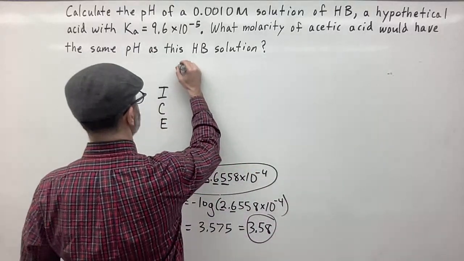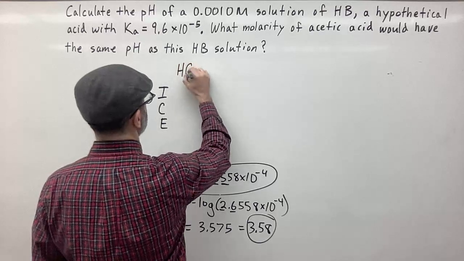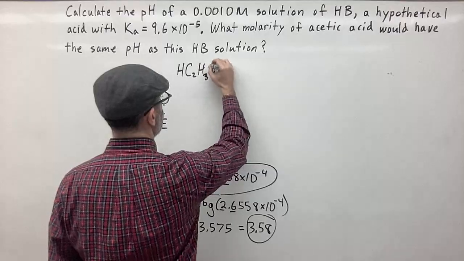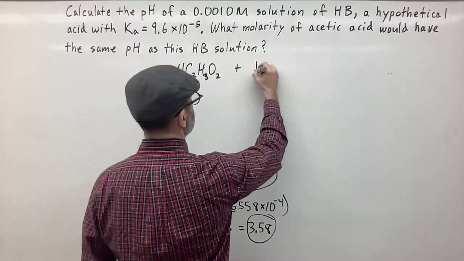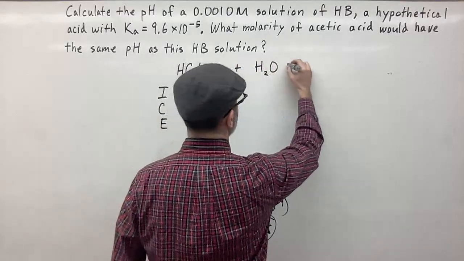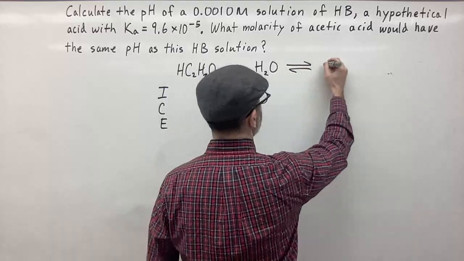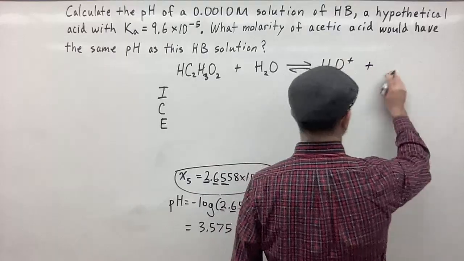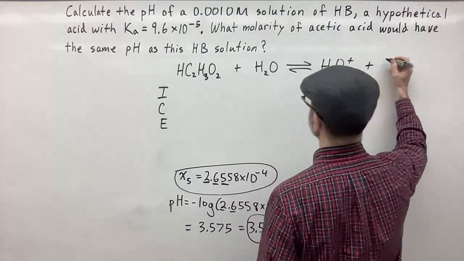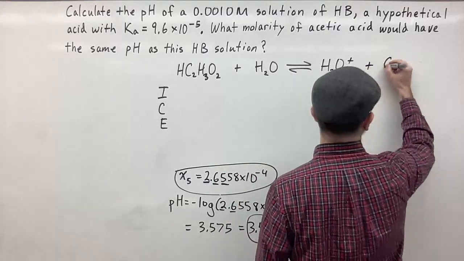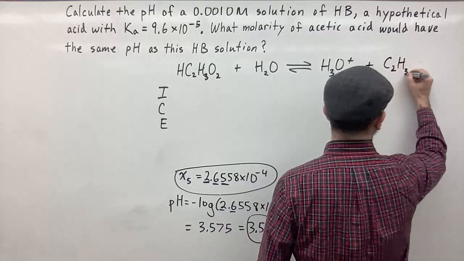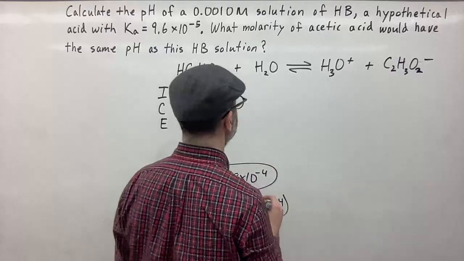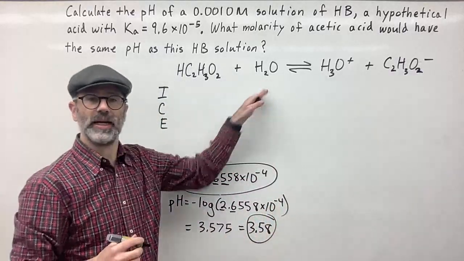So we'll have acetic acid, HC2H3O2, plus H2O in equilibrium with H3O plus and the acetate ion, which is going to be C2H3O2 minus. Okay, again, water, we're going to ignore water.